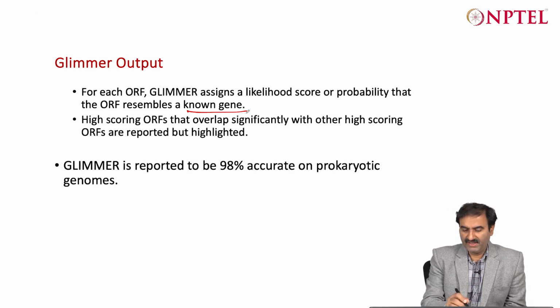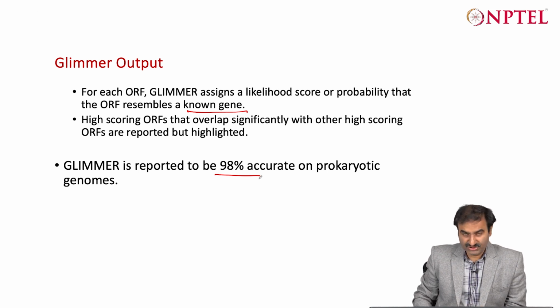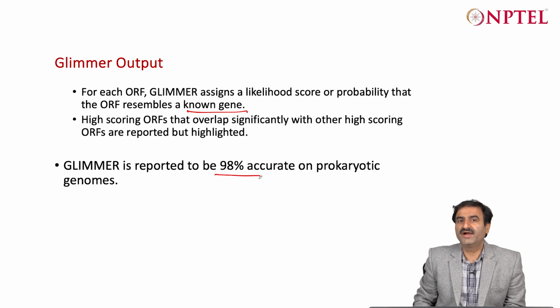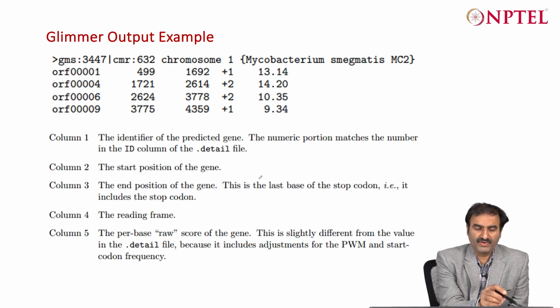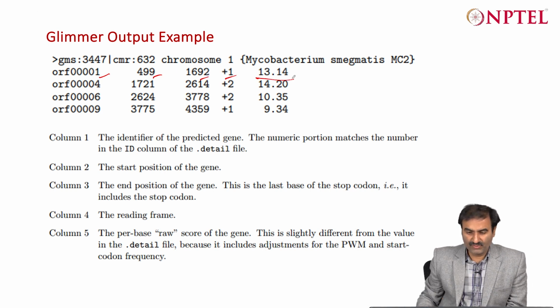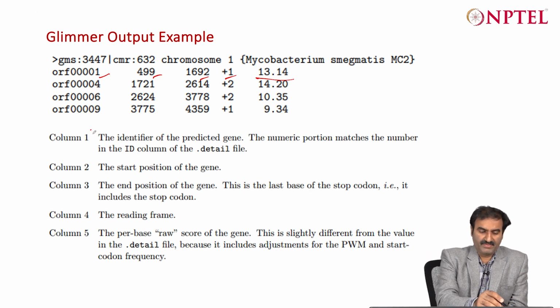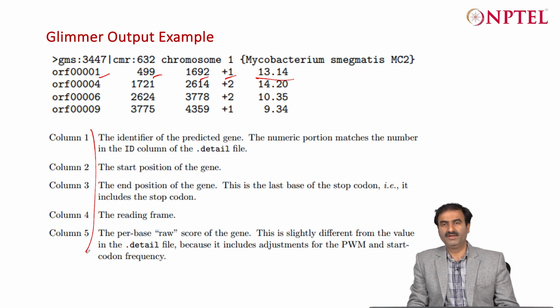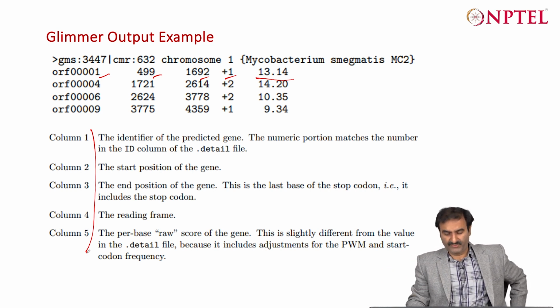Generally it is highly accurate, more than 98%, and also gives you the correct start and end, because that is also an important task when you are doing gene prediction. So the output for the program that we run was the ORF number, start, end, strand, and the score that Glimmer gave. The 4 columns are described here, and I have already told you the ORF number, start end, reading frame and the score.